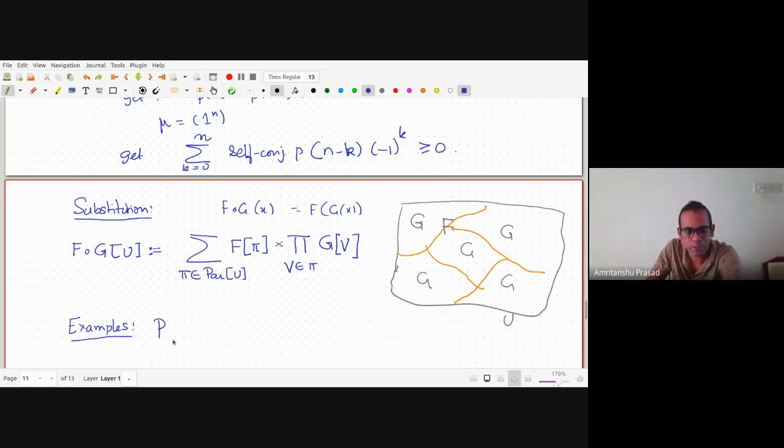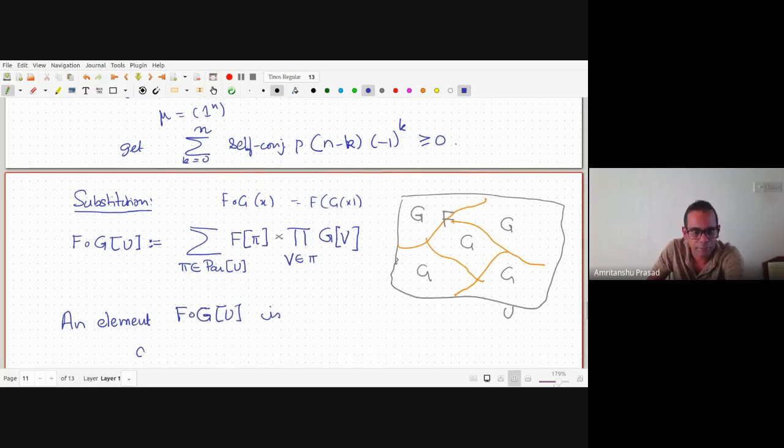Okay, so let me tell you, these French, they have lovely names for everything. And so this is called an F assembly of G structures. So an element of F circle G of U is an F assembly of G structures.